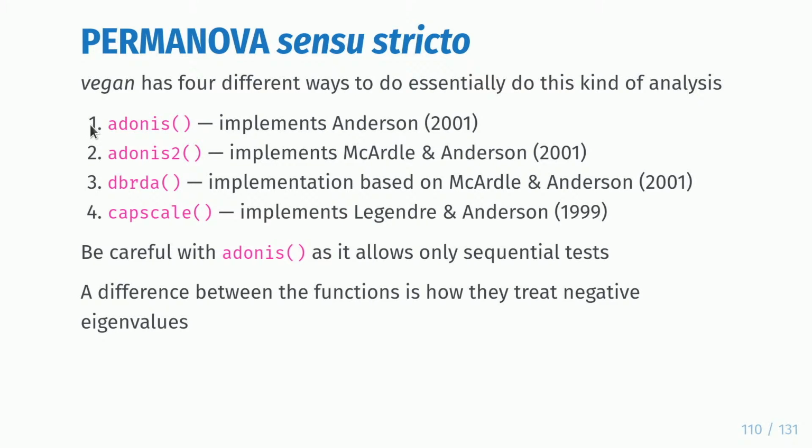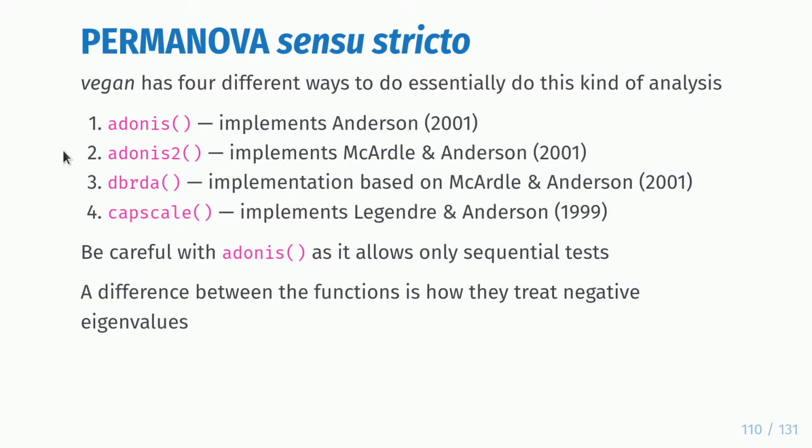Adonis does exactly what Marty Anderson's original idea was, but the way it was implemented, it only allowed for these sequential tests. So be very careful with the original adonis function, because the order that you put your variables into the model controls whether the terms might be significant or not.